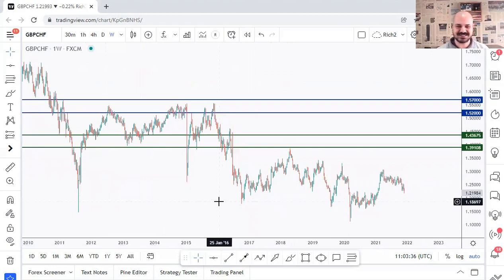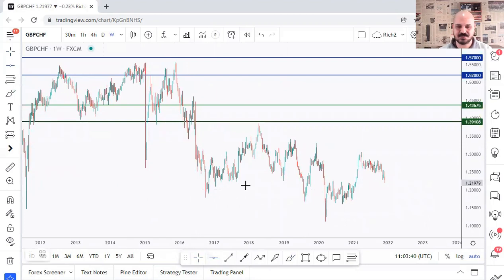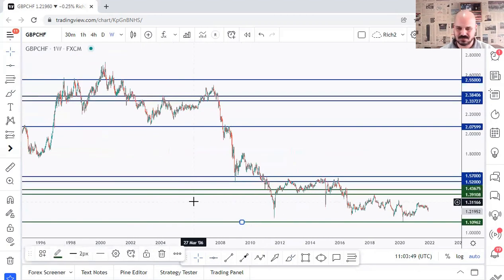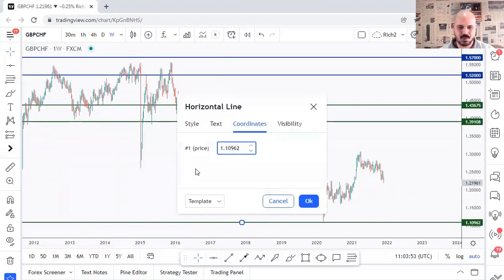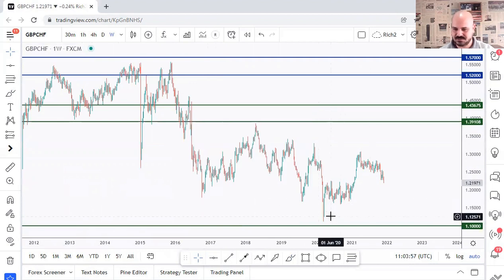Here we go, right? Next, since we don't have anything to mention here, let's zoom in a little bit more. That's why I like to keep your chart as clean as possible. And let's go, of course, we have this one here, which is the all-time low, right? At least for this ticker, for this particular chart. So 1.1, and you know what?